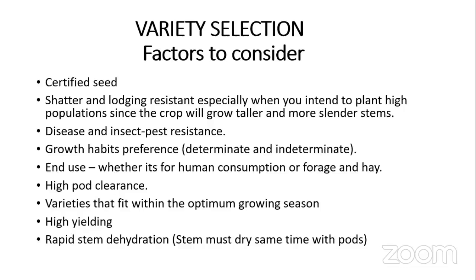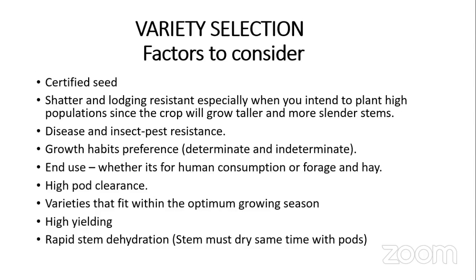On indeterminate, the crop will grow, but it doesn't stop growing. It will get to a point whereby while it is growing, flowering will also start. So the reproductive stage is also coming in, but the crop will continue growing taller, which means simultaneously there is the vegetative growth as well as the reproductive growth.